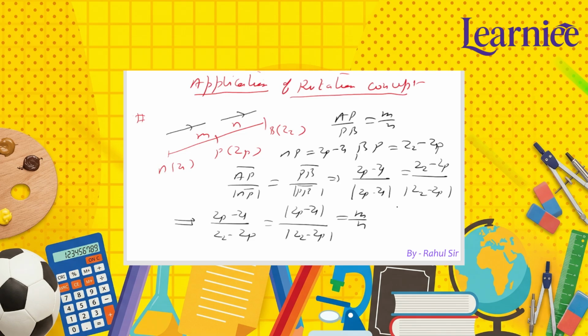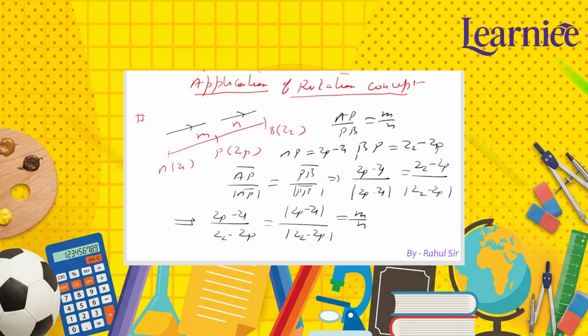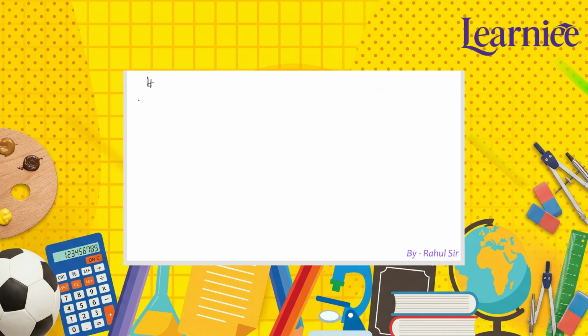Okay, now let's solve it quickly. So zp minus z1 upon z2 minus zp is equal to m by n.